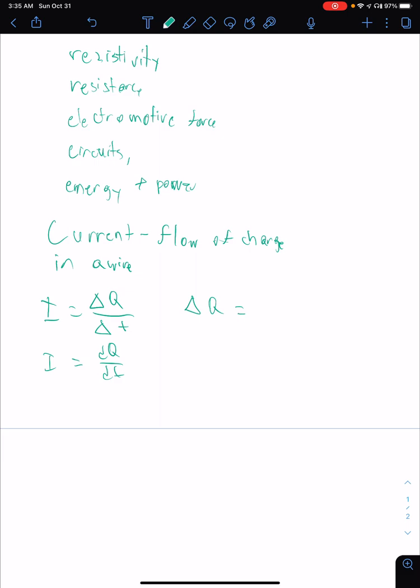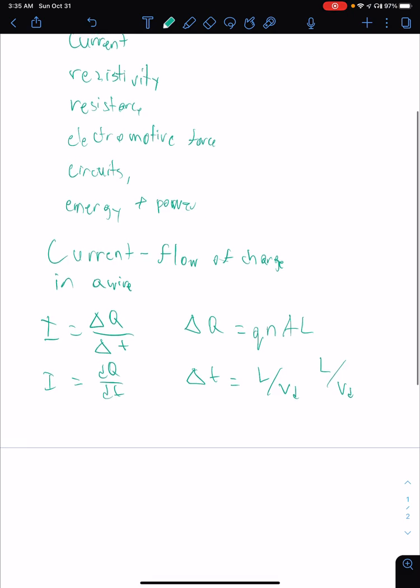is equal to the charge times the electron density times the cross-sectional area times L, over delta T, which is equal to L over drift velocity. And this makes sense because length over the distance of drift velocity over the amount of charge just randomly moving through a material makes sense.